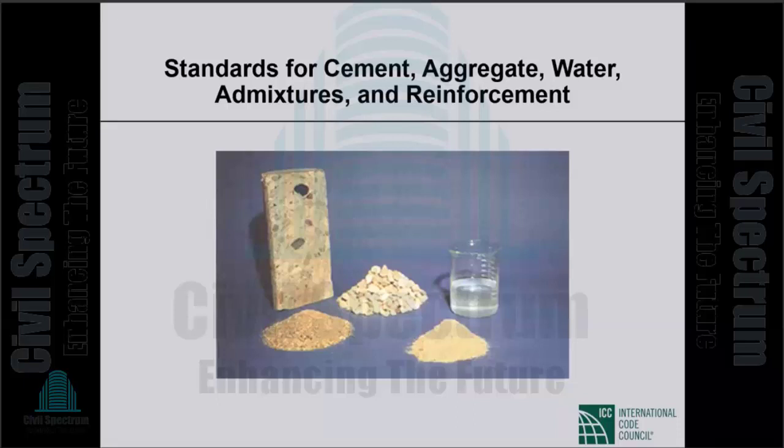Okay, so again, the ingredients of concrete are cement, sand, stone, and water. The stone is called coarse aggregate. The sand is called fine aggregate. In addition to the items I mentioned, we have admixtures in concrete. Admixtures can be mineral admixtures or chemical admixtures.